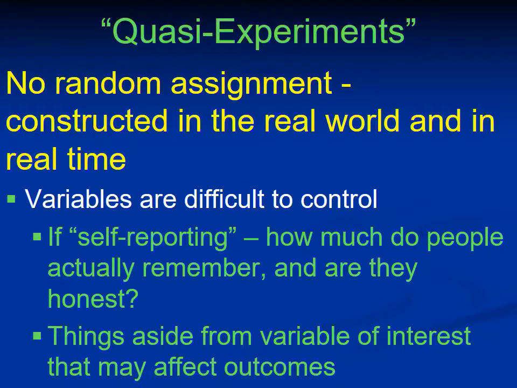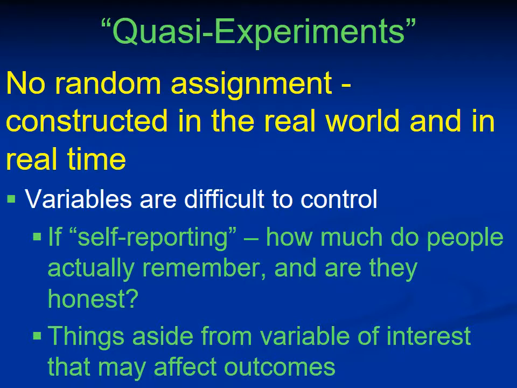So the problem with quasi-experimental designs, obviously, is that a lot of variables are going to be difficult to control. So in our alcohol and pregnancy example, and in other medical causation examples where you're asking someone to self-report, that can run into obvious difficulties, right? You've got issues with, well, how much do the people actually remember? How honest are they being?